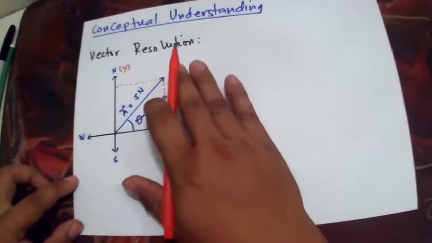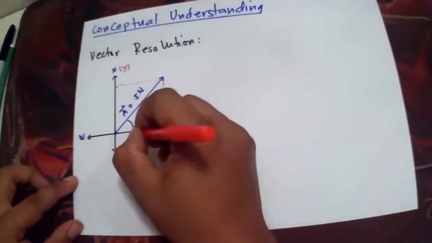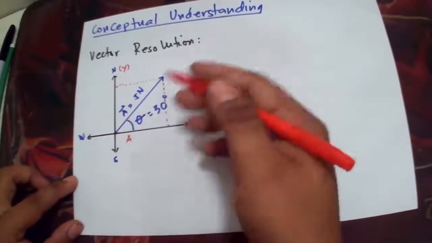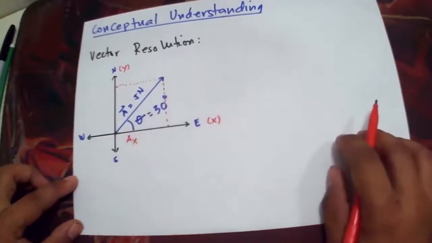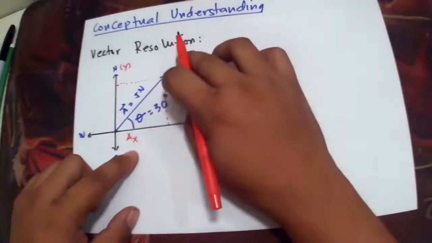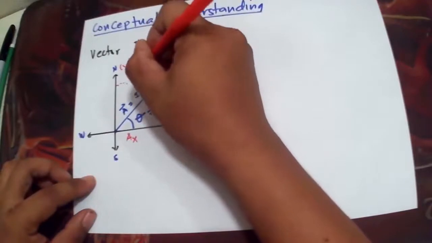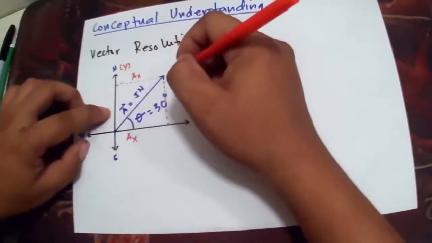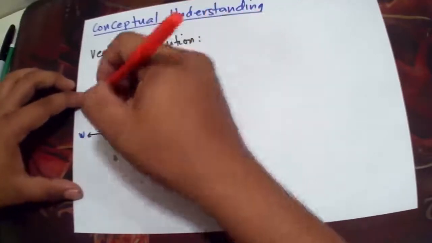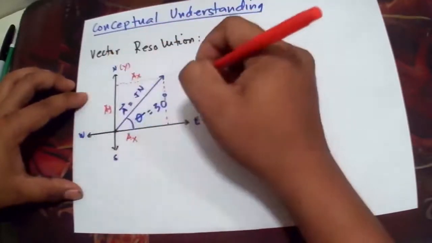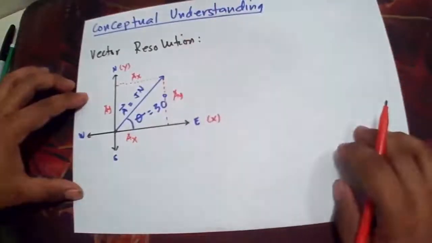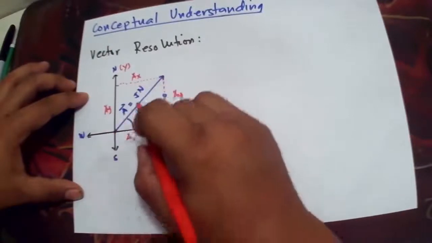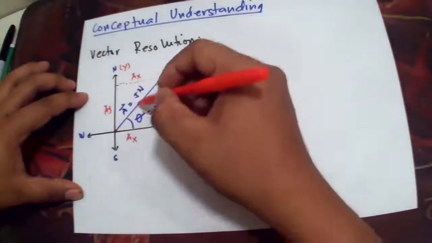Looking at this diagram, we can label this side as the x component of that vector. So this is A sub x. And we also have here the y component of our vector, which we can label as A sub y. Now, we can use either this part of the figure, or we can use this one.